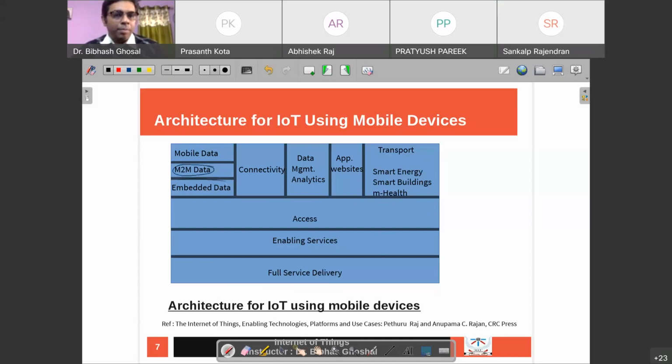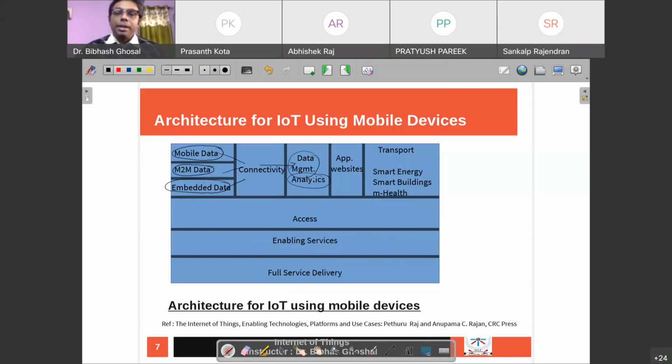It can be M2M data, that is machine data, data from other network devices, from sensors, etc. Or it can be data collected from the mobile, right? So data is gathered, and this entire data is sent by using some connectivity or network technology to the cloud, where some data management is done, that is some database is maintained, and some analytics is performed.